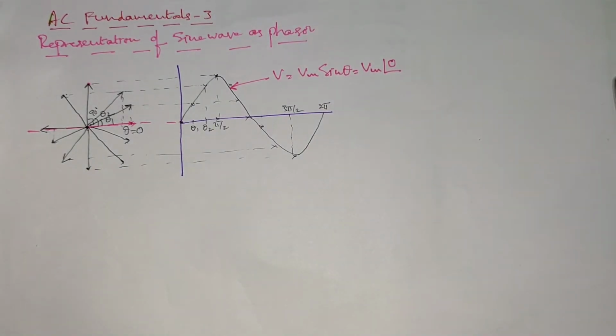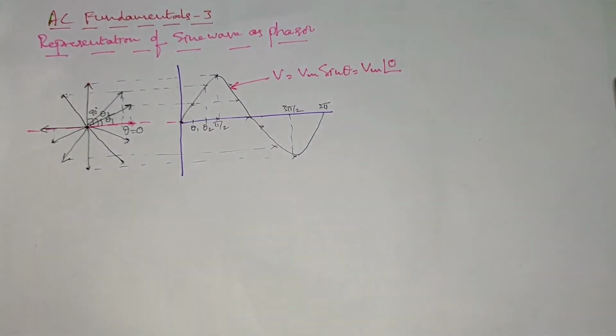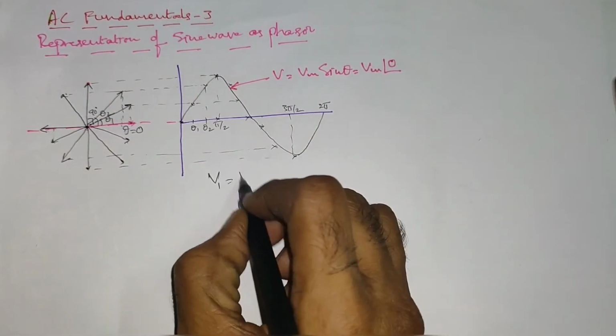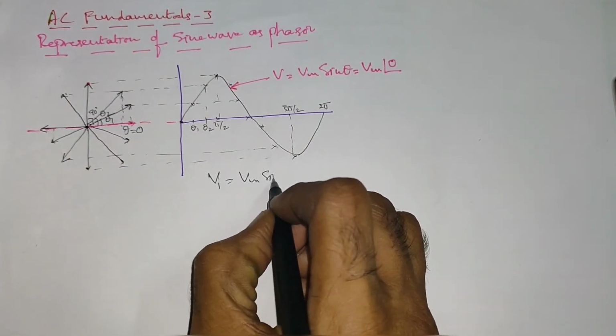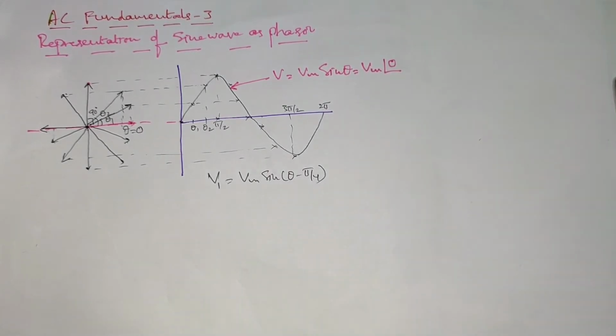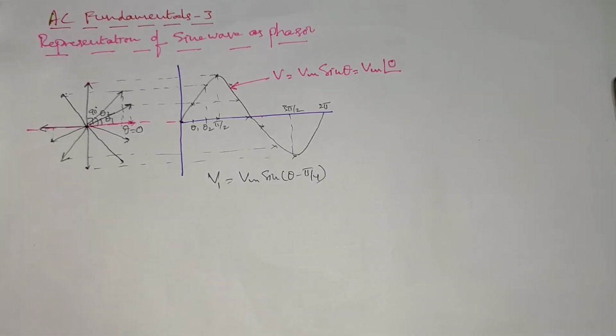Now, let us consider another waveform, let us say V1 = Vm sin(theta - pi/4). Here the waveform I am going to represent with this color.